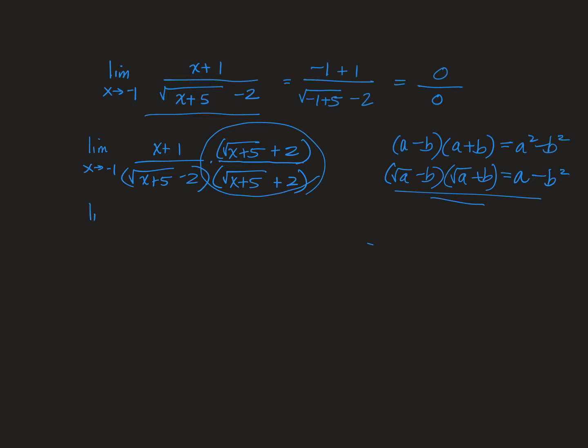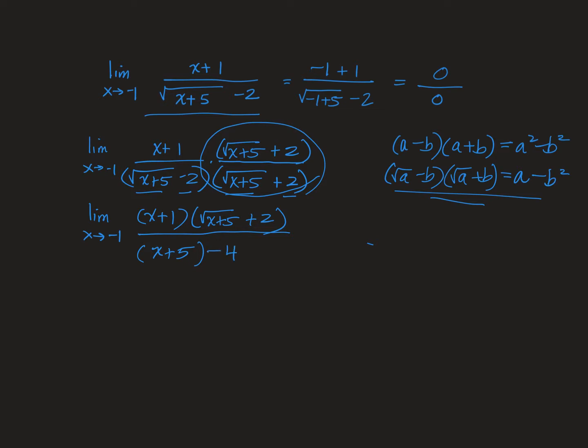And let's simplify then. So we get the limit as x approaches -1. In the numerator, we have (x + 1) times the square root of (x + 5) plus 2. And in the denominator, we have this term times this term would give us x + 5, and then minus 2 times plus 2 is equal to minus 4.